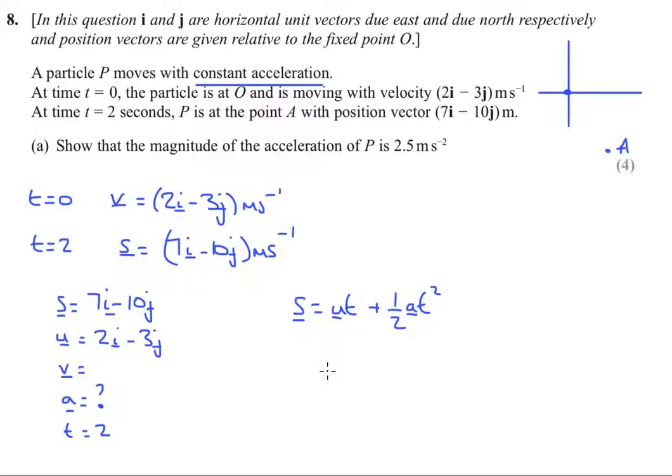These are vectors, so we can say that 7i minus 10j is equal to 2i minus 3j times 2 for the seconds, plus a half of a that we don't know, that's what we're looking for, times t squared, so times 2 squared, which we can write, that's going to be 4 divided by 2, so 2a.